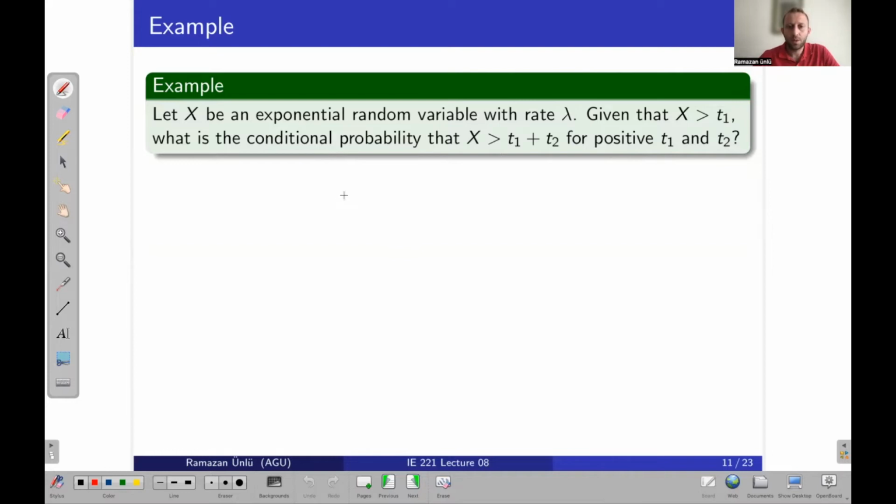Let me draw something to make it clearer. This is t1, and let's say this is t2, and this is the time interval from 0 to infinity. From 0 to t1 is the first part, and from this point to this point will be t2.